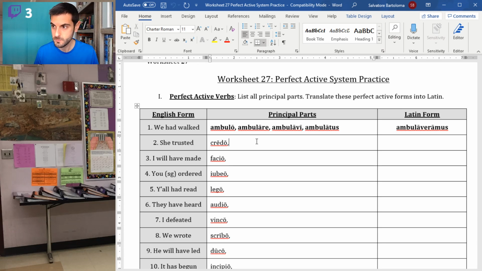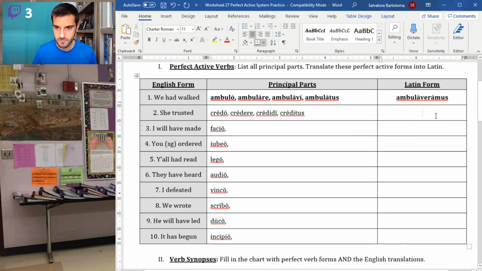So credo, our principal parts are credo, credere, credidi, and creditus, right? This is the verb to trust, to believe. So she trusted, right? So we're going for regular old perfect tense here.